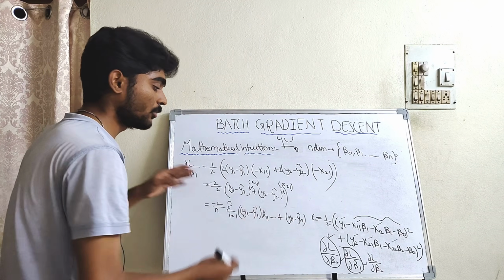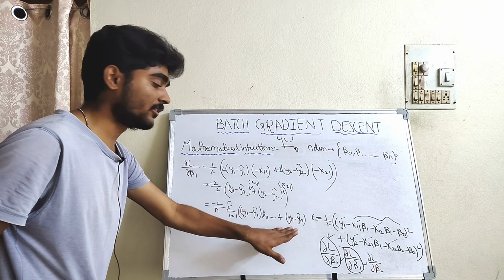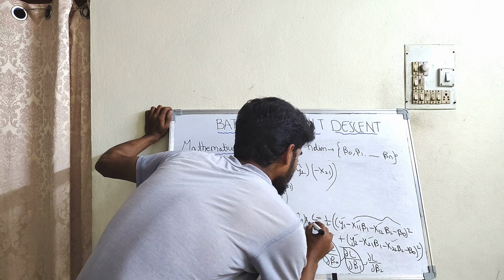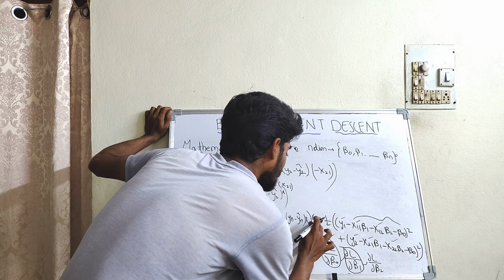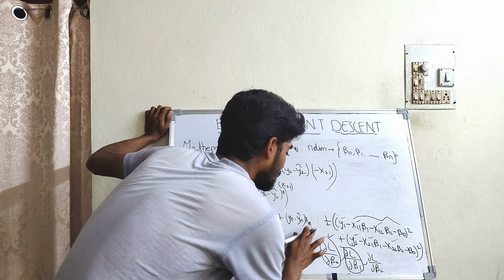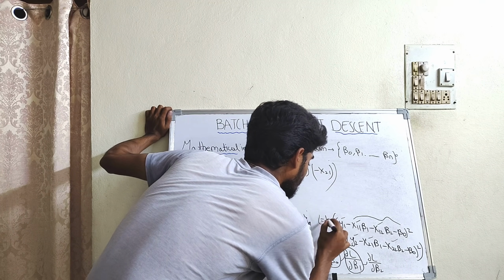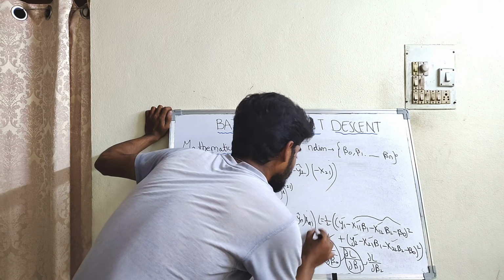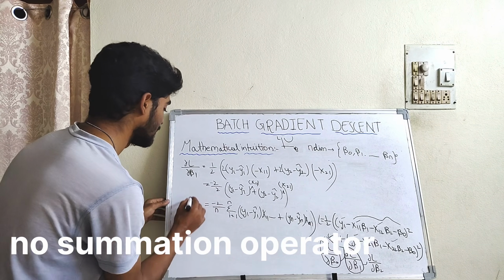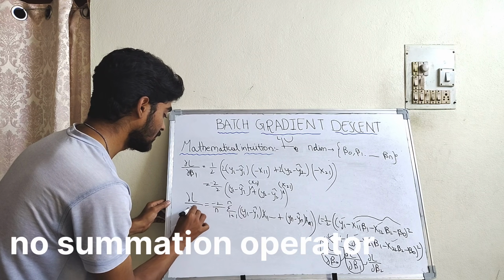N rows will have n terms, so it will be xn1. Sorry for the inconvenience, I don't have sufficient space over here, that is why I'm writing it this way. This is my generalized formula for del L by del beta 1.